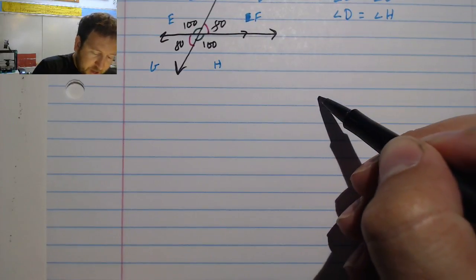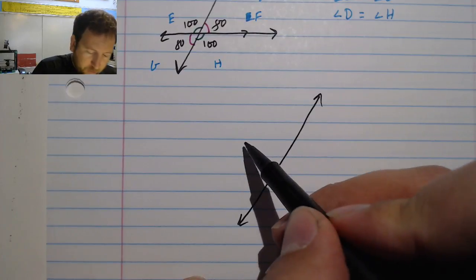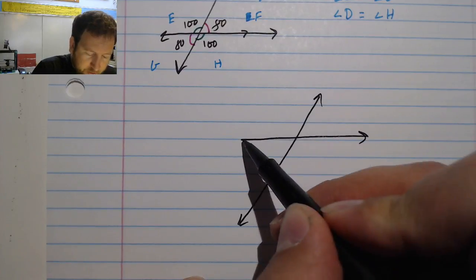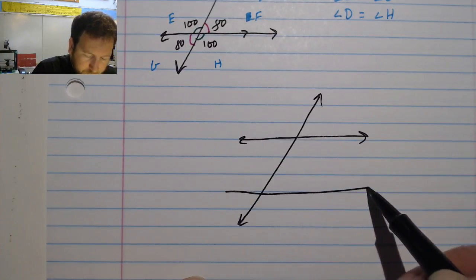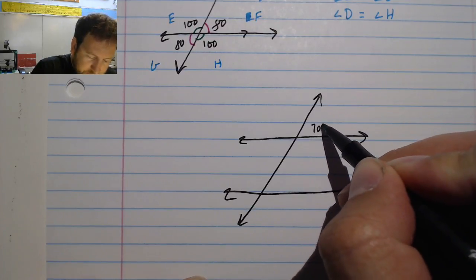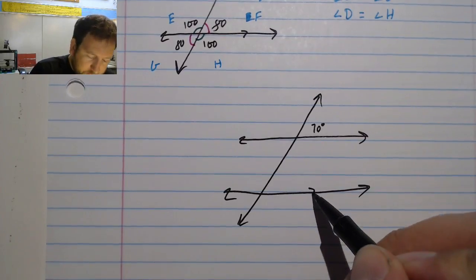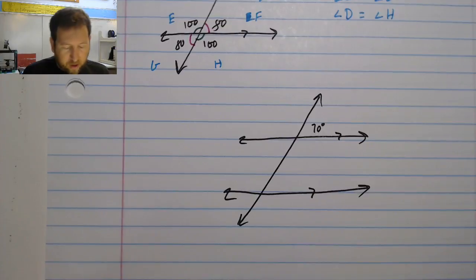So for example, say I have my set like this. I'm going to draw it out here. And say I know that this angle here is 70 degrees. And I know that my two lines are parallel.